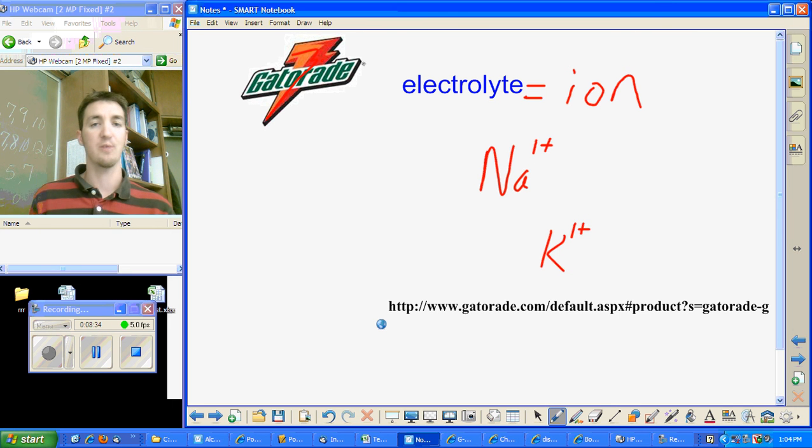That's the stuff that when you sweat out, you need to replace. The electrolyte thing is really important too as far as conducting electricity. Your brain works by firing electrical signals. When you get tired and sweaty in sports, you start to make bad decisions because your brain doesn't have the power to send those signals anymore. So you replenish it and you will perform better. Your muscles will work better too.